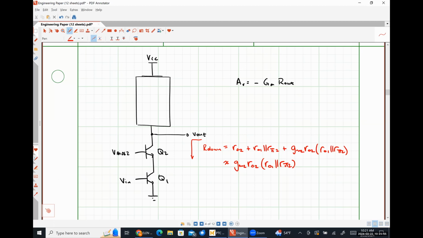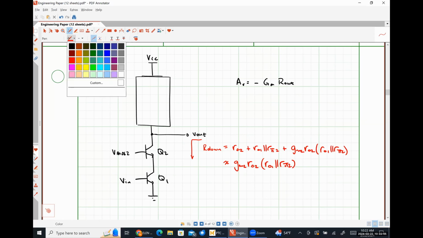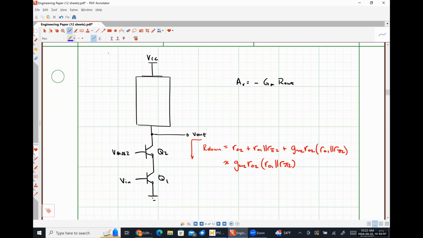This is typically really large, right? So we have a couple of different things that we could do here. Let's say that we just put a resistor RC there.